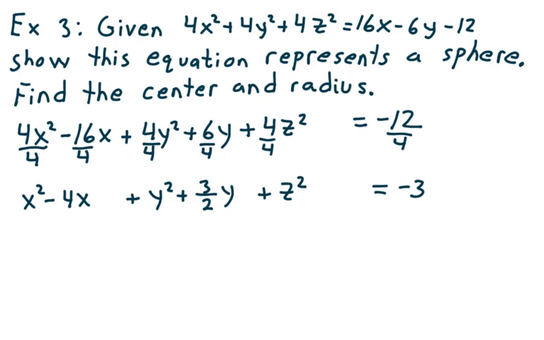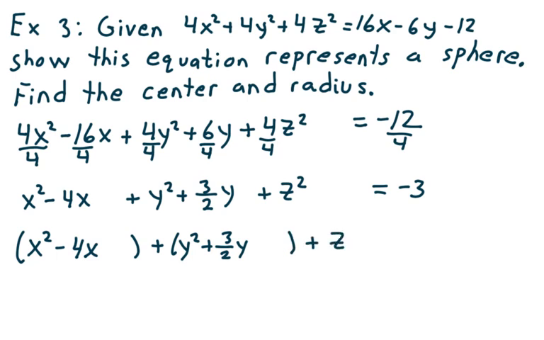Now, from here, we're going to rewrite this equation this way. So we have x² − 4x, I'm going to leave a little space, plus y² + 3/2 y, again leave a little space, plus z² = −3.